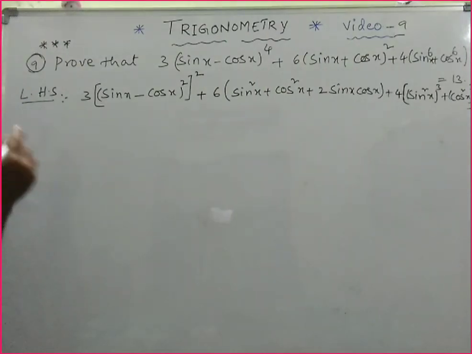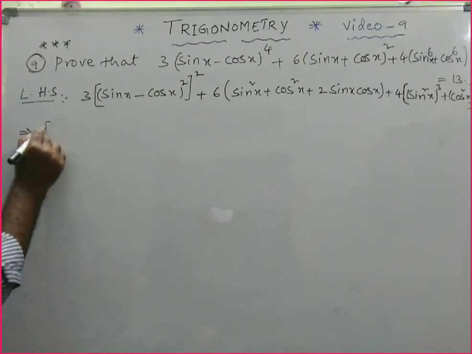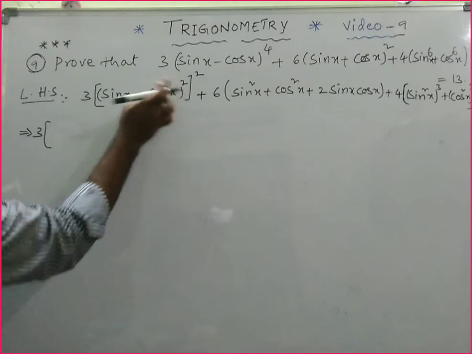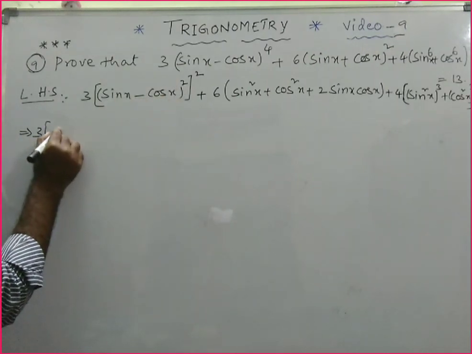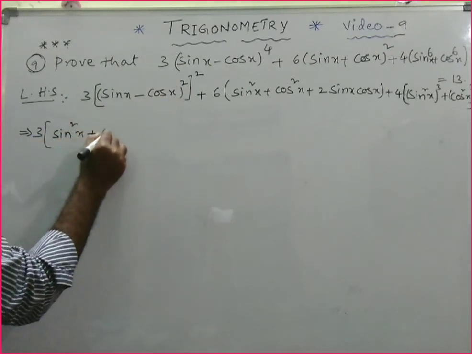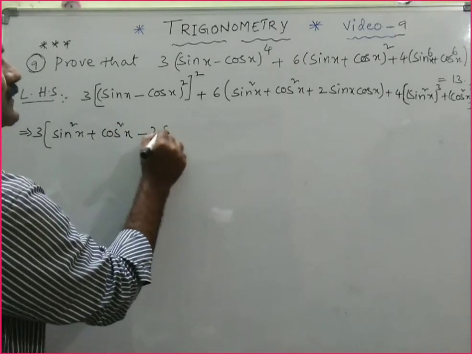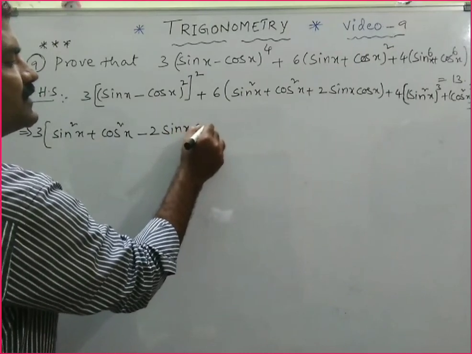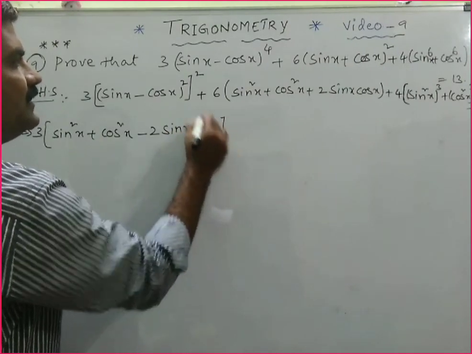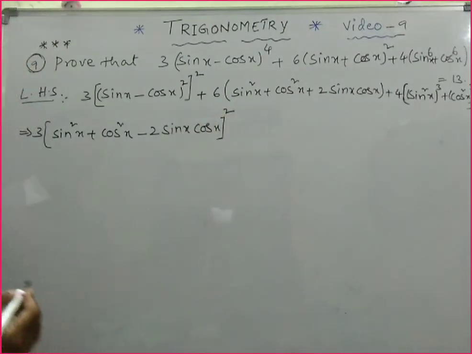Fine. Now see the simplification, 3 into, this is a minus b whole square. What is a square plus b square minus 2ab, isn't it? Minus 2ab, 2 sin x into cos x, even there is one more square.